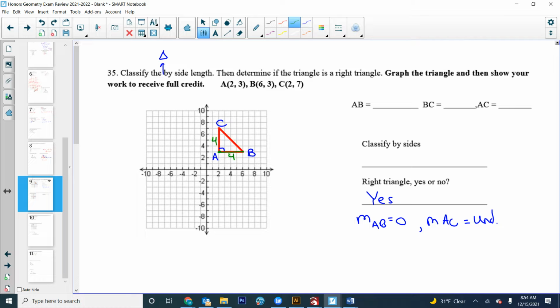Okay. Now, what if they're not stacked vertically or stacked horizontally? You're going to have to use the distance formula. We're still going to use the distance formula, just only one time here. So we're going to do CB.